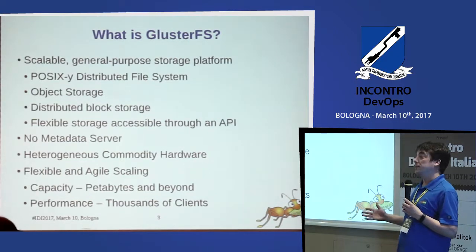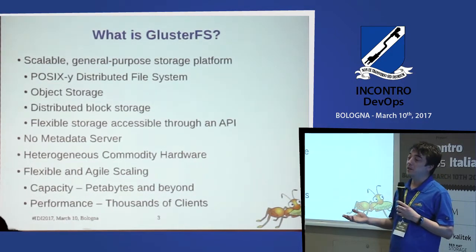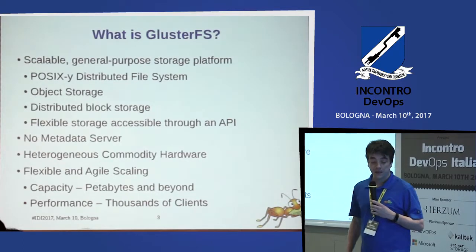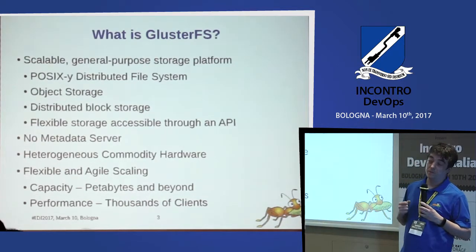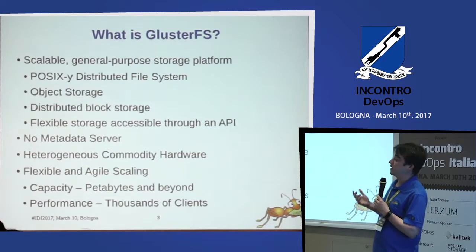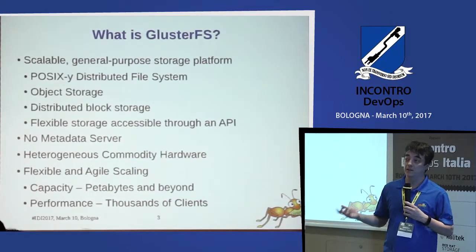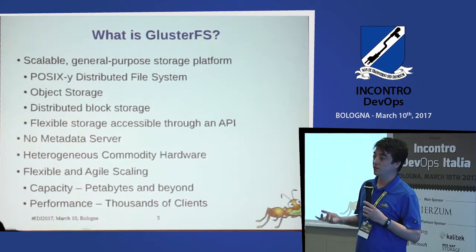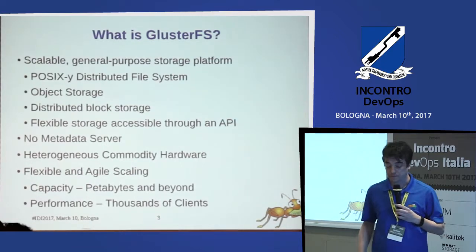You can use it as a block store for example, virtual machine images like QEMU. And as I mentioned, there is an API which makes it really possible to use your environment optimally.